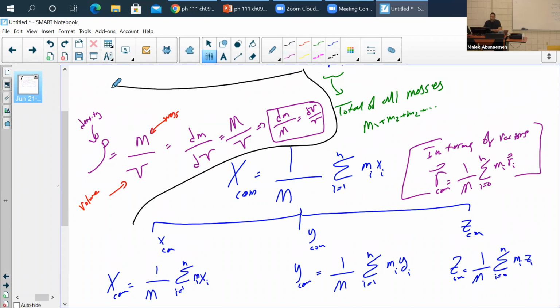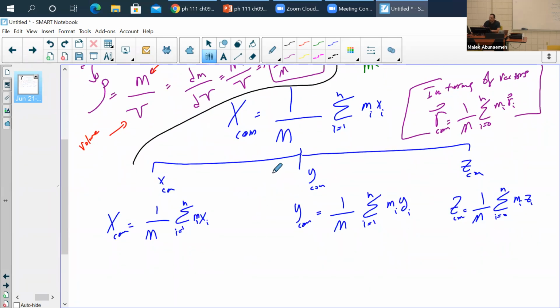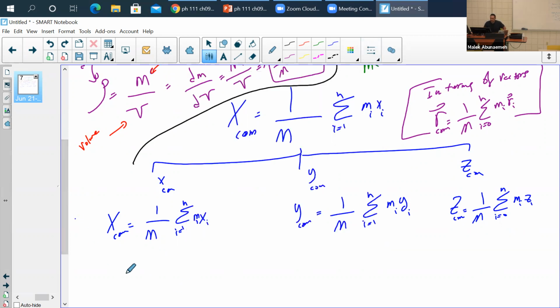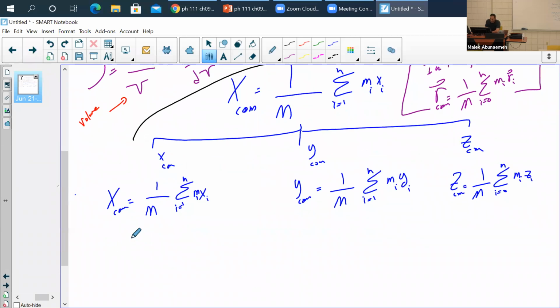Okay, now let's go ahead and use this. So basically, if we have a continuous change in the center of mass, that means your X center of mass is going to equal 1 over the total mass with the integration from initial to final of x dm, for your change in mass.